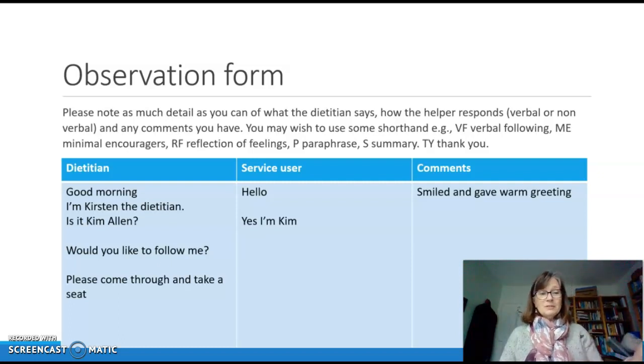You can just write the word VF, so you can see those kinds of things, but do it quickly. And when you're writing a paraphrase or a summary, you can miss out the ands and thes and all the linking words. You can just write the key words to demonstrate whether the person who's playing the dietitian managed to get the detail of what the service user was saying.